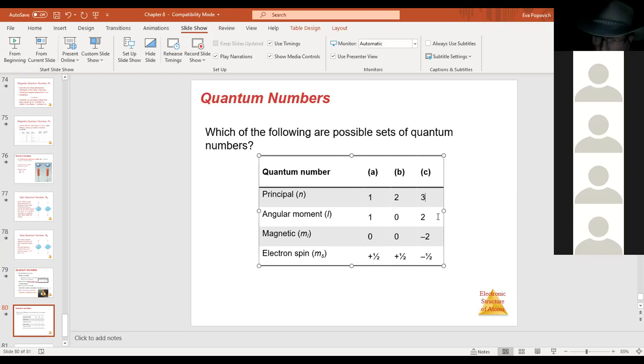The other way you look at this, L can have values of n minus 1, whole numbers down to 0. So if n is equal to 3, L can be 2, 1, or 0. Is that good? All right. Angular momentum, minus L through 0 to plus L. Is this a good quantum number for that? Yes. What about the bottom one? Yeah. So this C is a set of good quantum numbers.